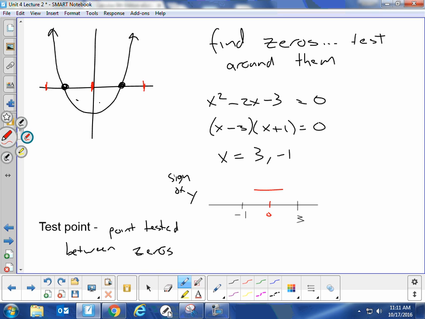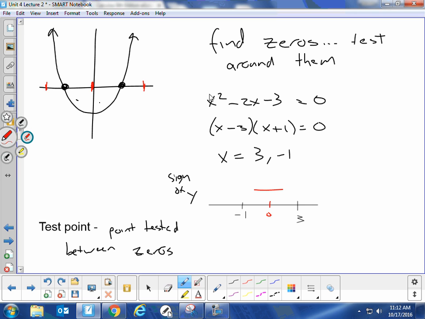If there's actually another 0 in between -1 and 3, well, then I can't say that, because then I'd probably be going maybe something like this, okay? So if I find all the zeros, though, I'm comfortable to say if this is negative, they're all negative.